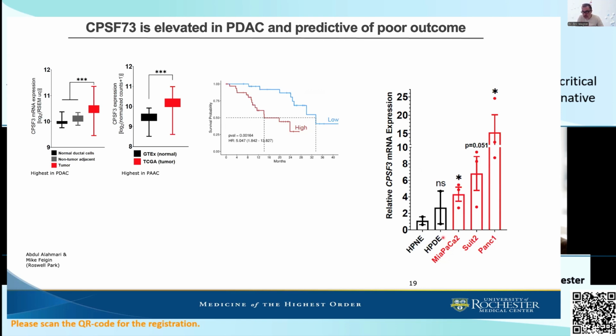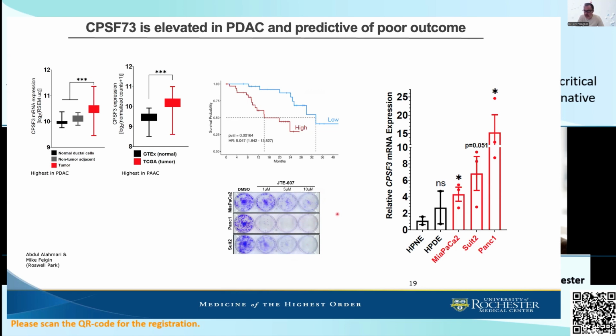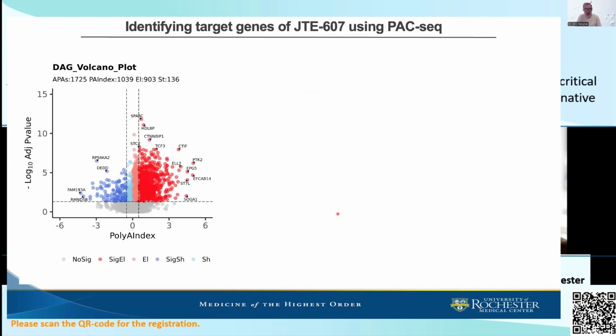If we use JTE607 at low levels, it doesn't impact these normal cells, but at elevated amounts of the drug, we can inhibit the growth of these pancreatic cancer cells. Now we're using PAC-seq to find out what might be the critical targets of JTE607 that might be beneficial to this type of cancer.